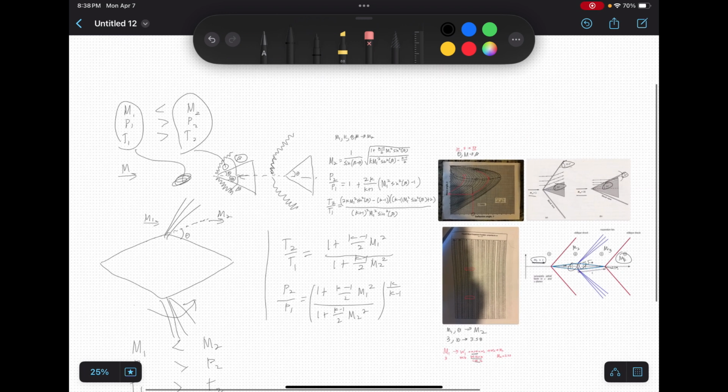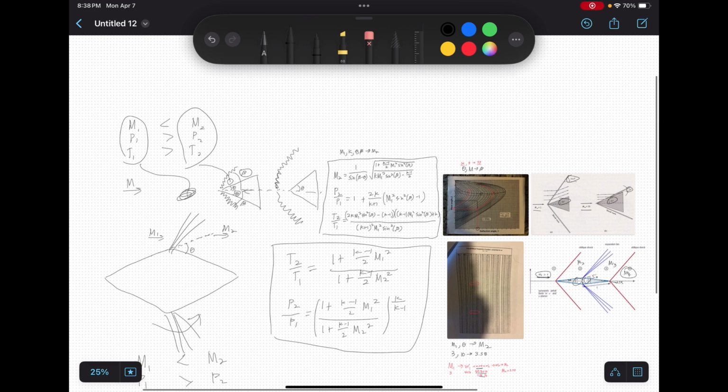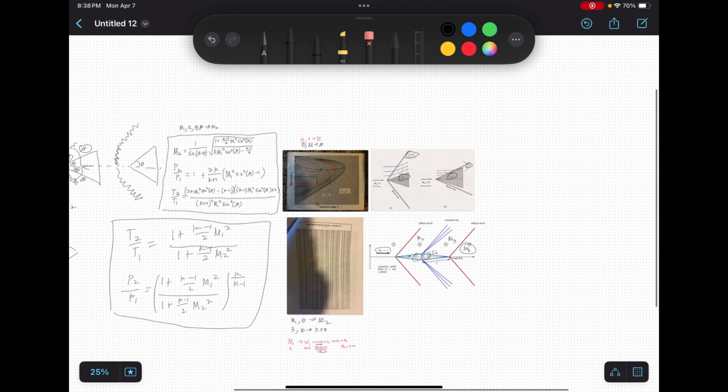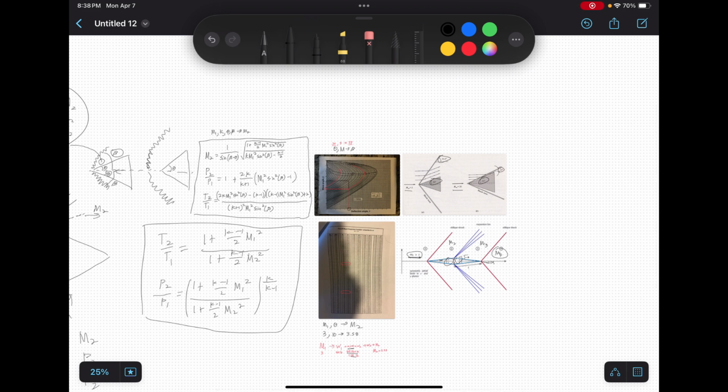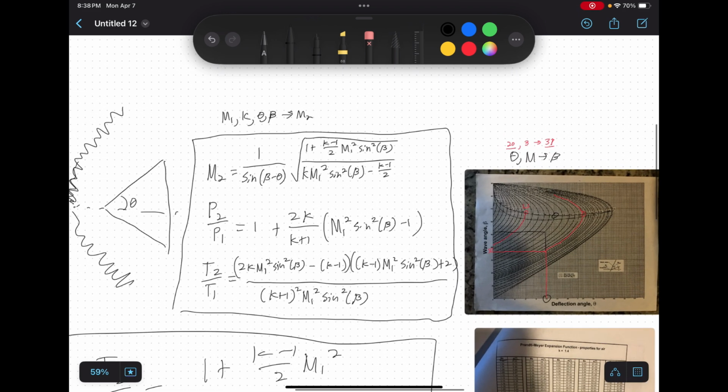So yeah, I think that is literally it. Let me box some of this stuff. Cool beans. Yeah, so again, for this one, oblique shockwaves, you needed to calculate M2, but you could find beta.